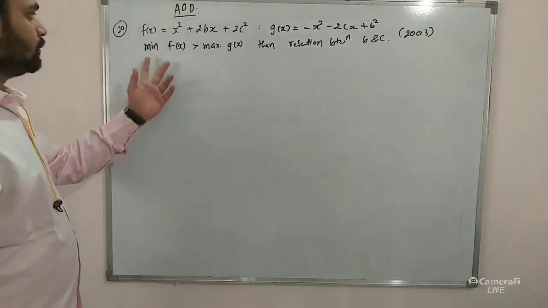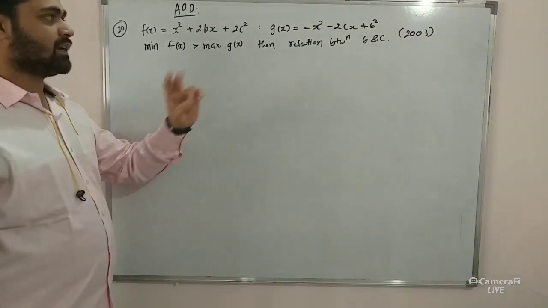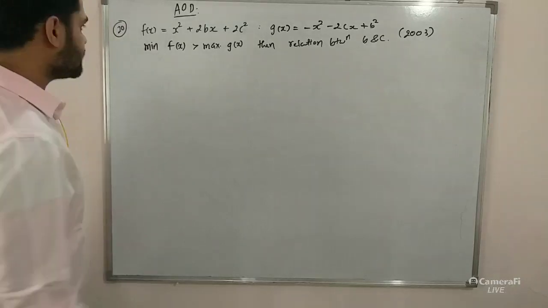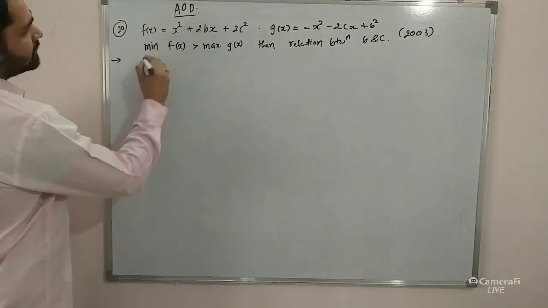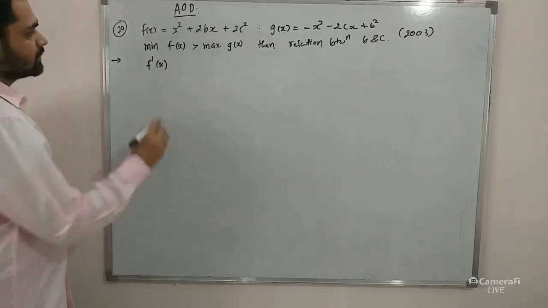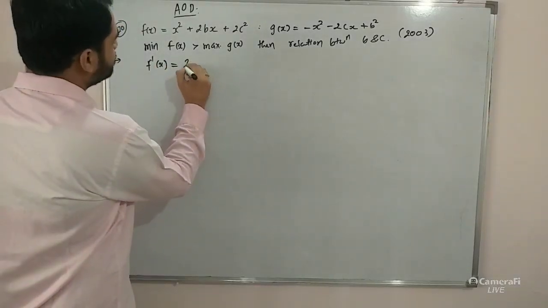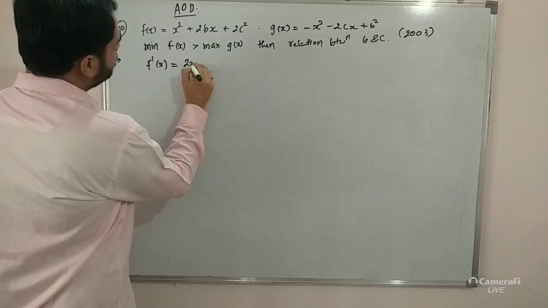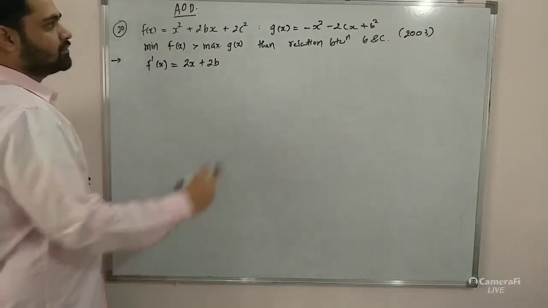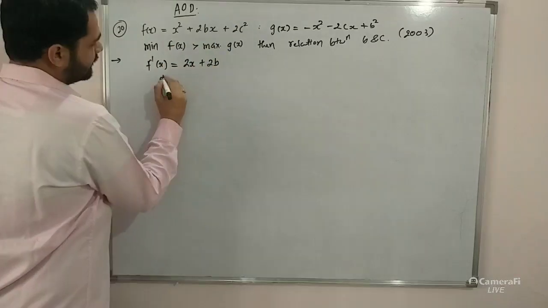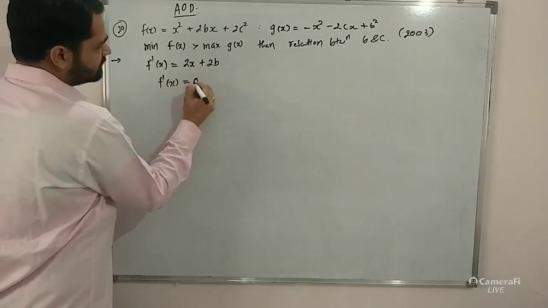So here, for finding the minimum of f of x and the maximum of g of x, we just have to find the f dash for finding the critical points, right? So f dash of x is equal to 2x plus 2b, where 2c square is constant, so its derivative is zero. For critical points we compare f dash with 0.